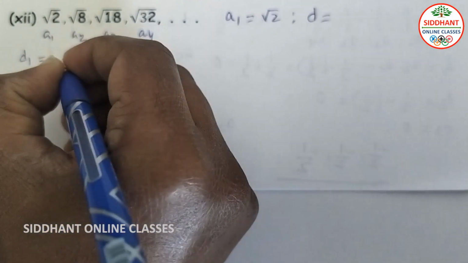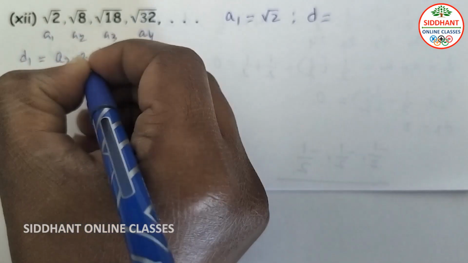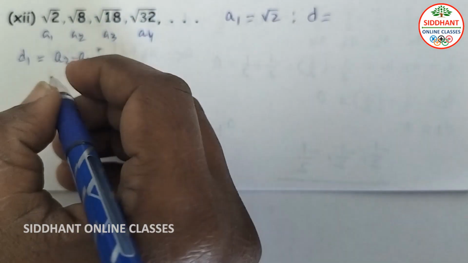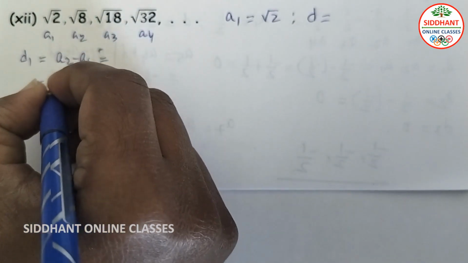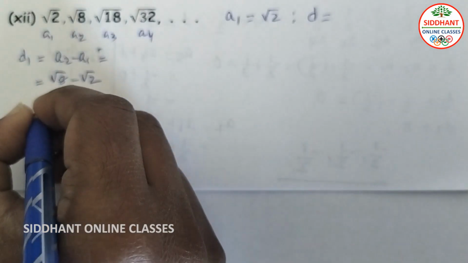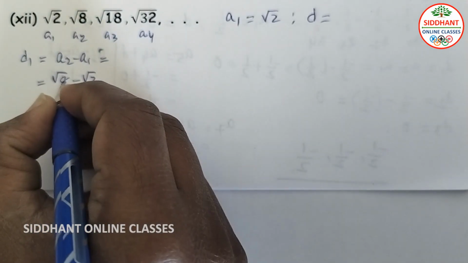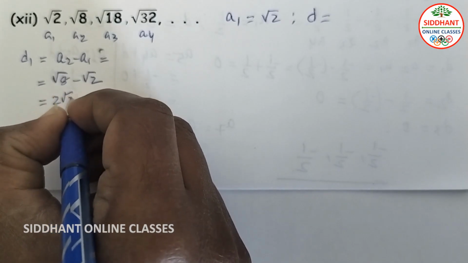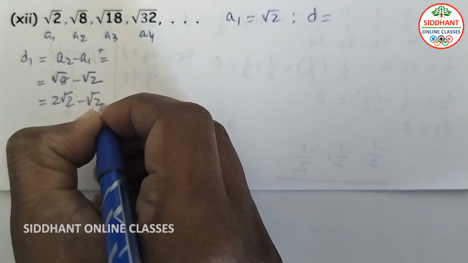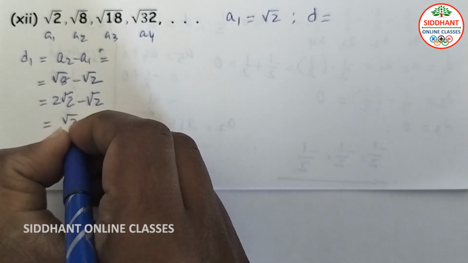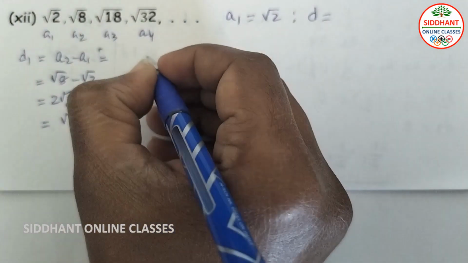So now D1 is equal to A2 minus A1, so that equal to root 8 minus root 2 here. So root 8 means root of 4 into 2. So it is 2 root 2 minus root 2, which will be root 2 here.